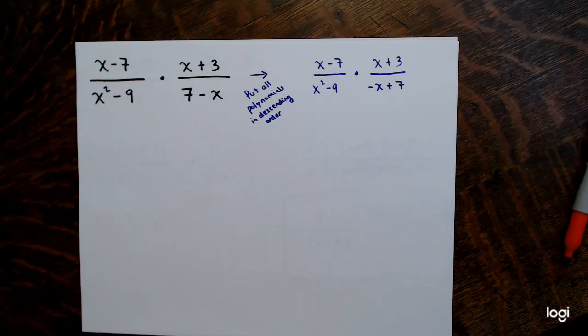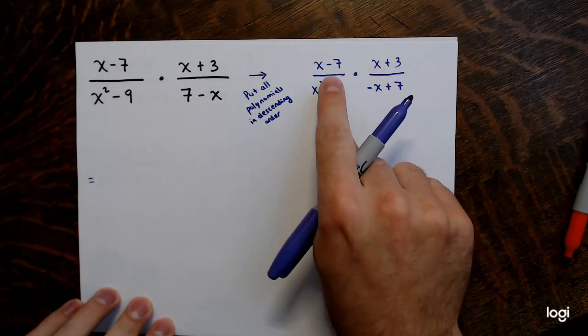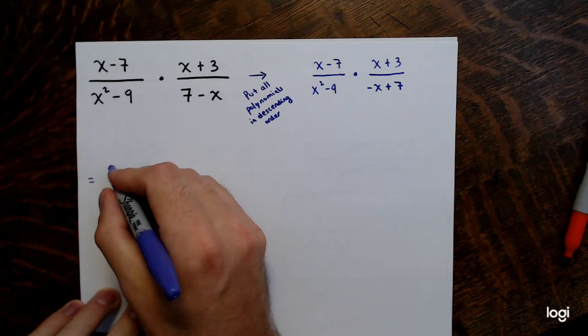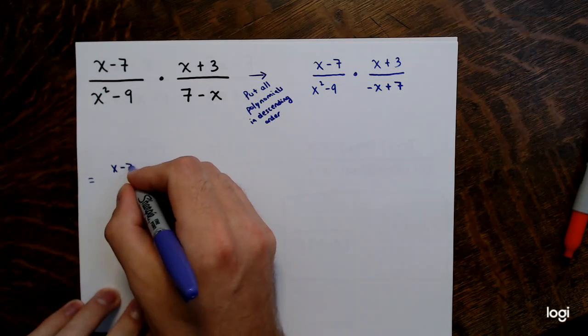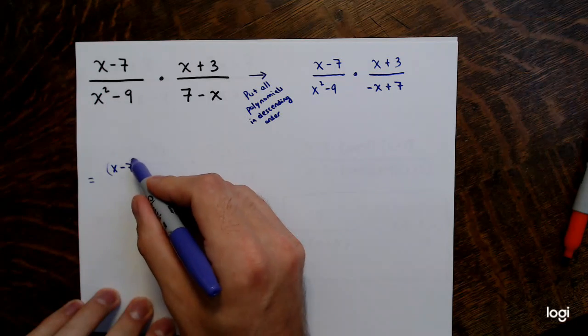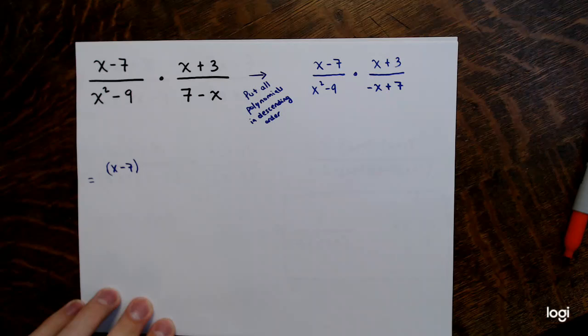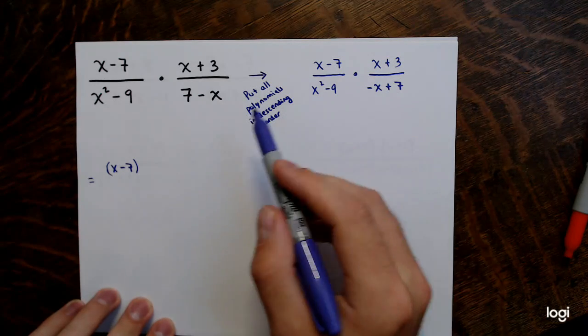I prefer this, personally. All right, so now the factoring part. Okay, so x minus 7 is simply x minus 7. Now if you want to put it in parentheses, that's fine. In fact, I'll do that. That doesn't factor any further, so that is the only factor in this numerator.